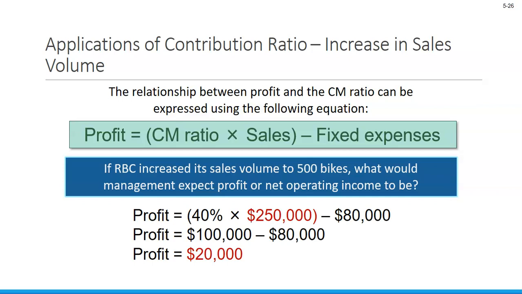Our contribution margin ratio is 40%. So if we increase our sales volume to 500 bikes, we would expect the profit or operating income to be $20,000. This is our profit before taxes. So we take our contribution margin ratio times sales minus fixed expenses.